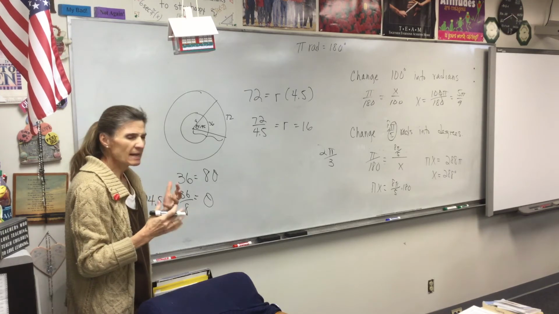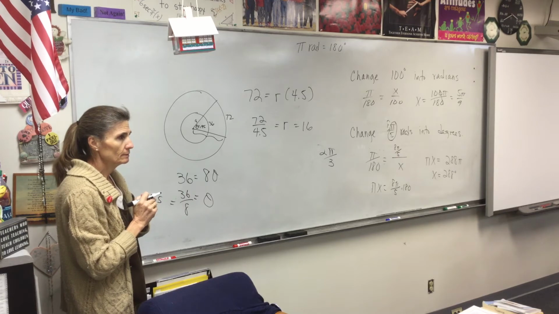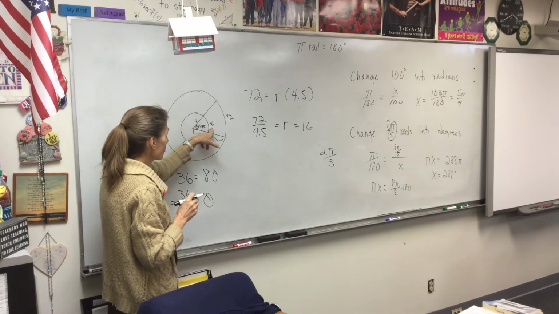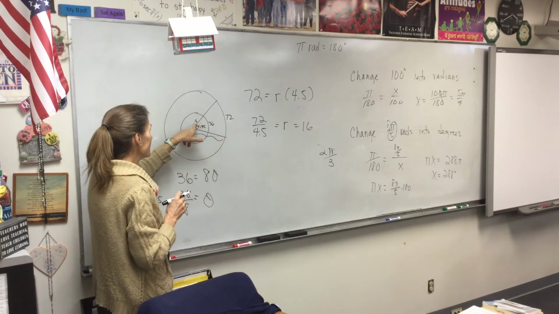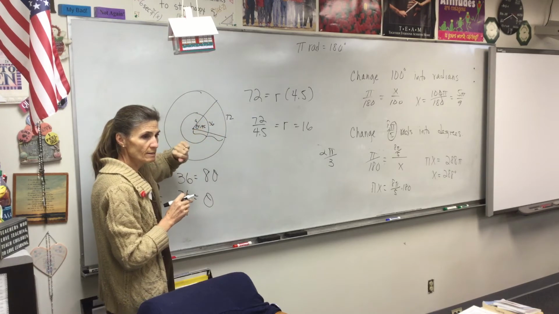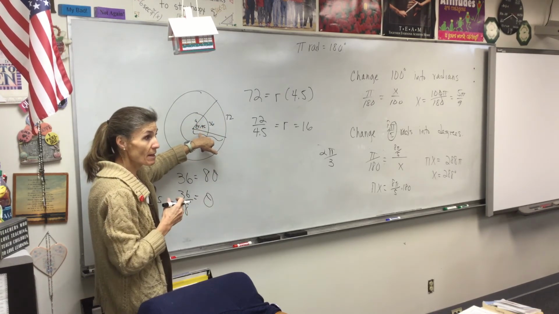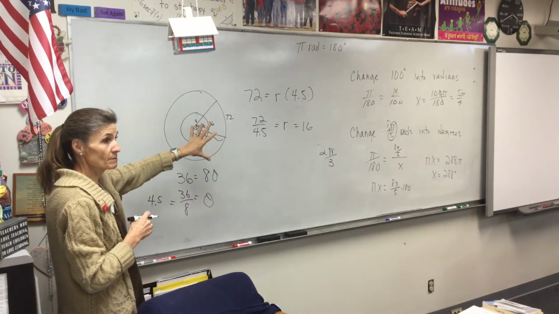Now that we've done it, does that kind of make sense? Because why? 36 and 72. This arc was twice this one. So doesn't it make sense that the radius would be twice? Since we're using the exact same angle. I mean, that's critical, using the same angle. But we went through all the steps, so I already got it.